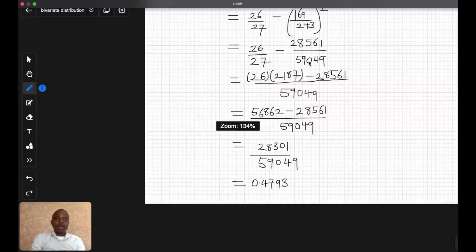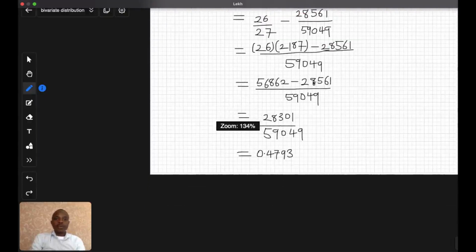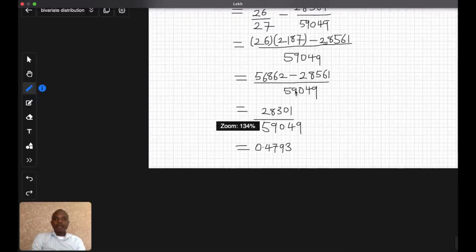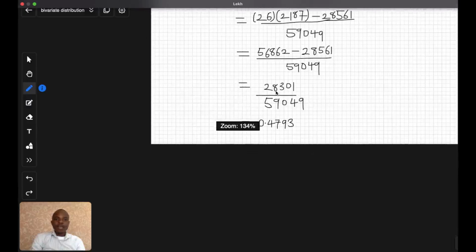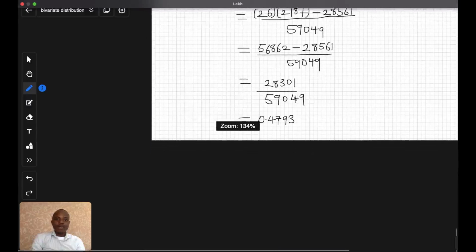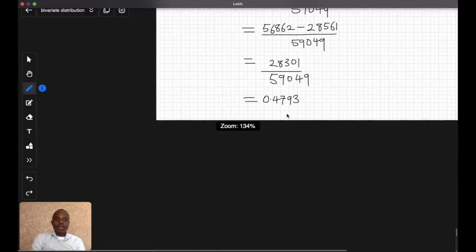Now you divide this by 59,049, you get 1. So that one multiplies this one to get 28,561 there. Now, when you remove 28,561 from 56,862 and you divide by 59,049, you are going to get 28,301 divided by 59,049, and that will give you 0.4793.